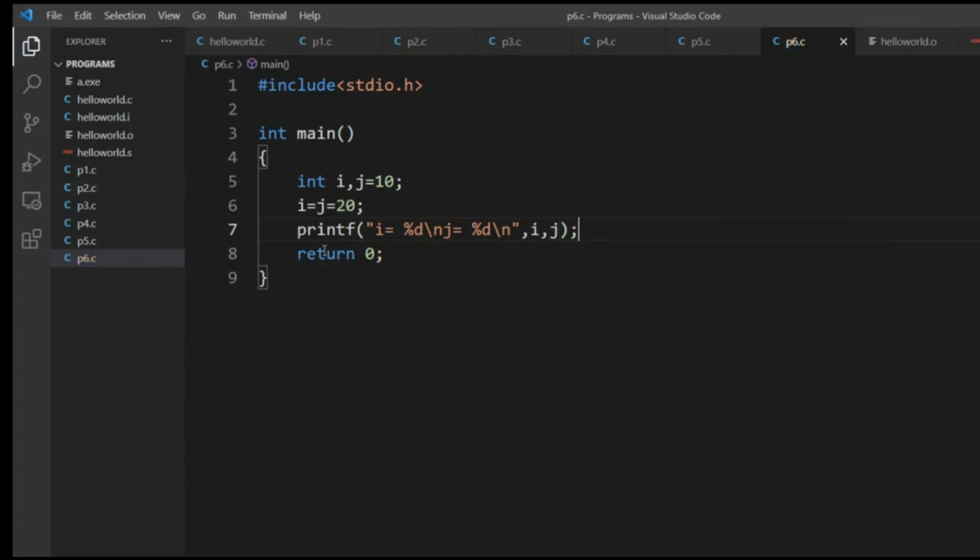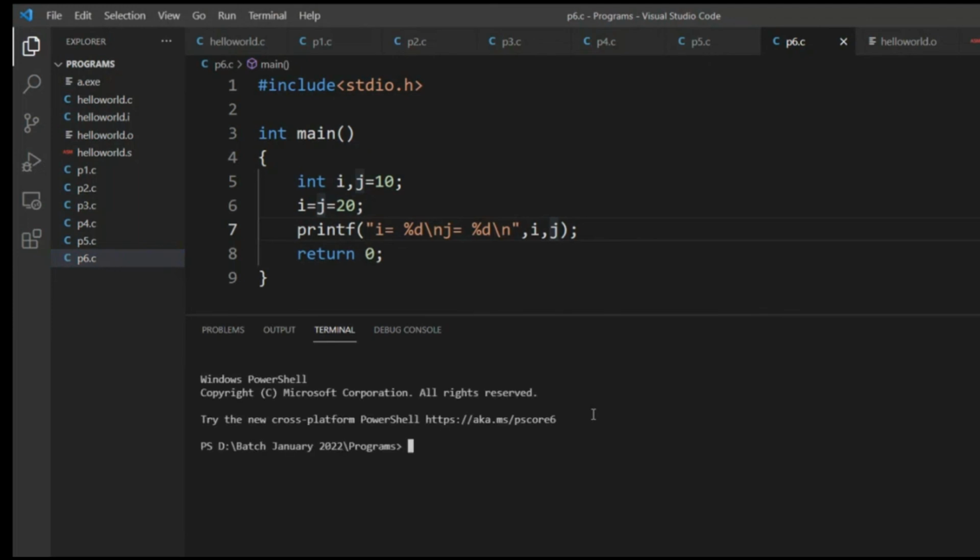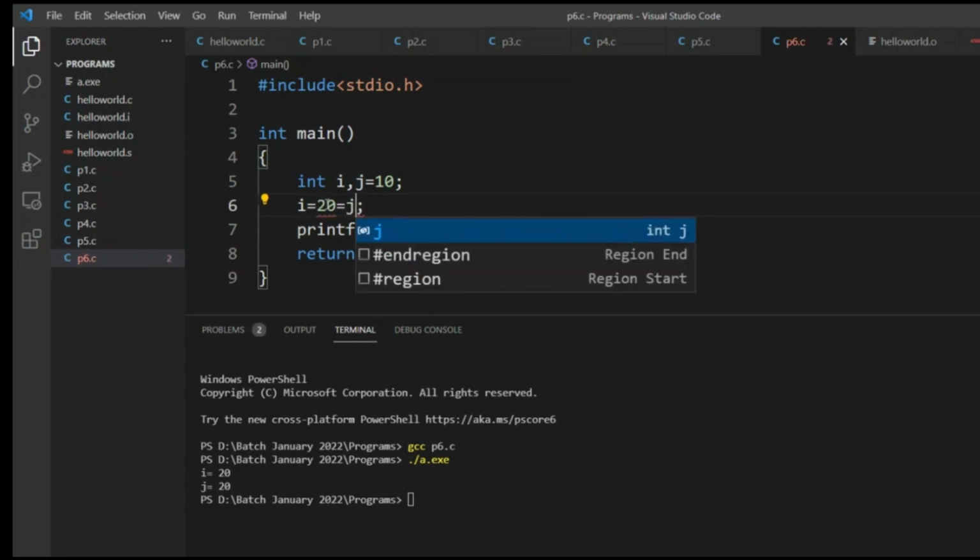So what is my output now? What will be I and what will be j? Both are 20. I is also 20 and j is also 20. Now suppose I write here 20 is equal to j.